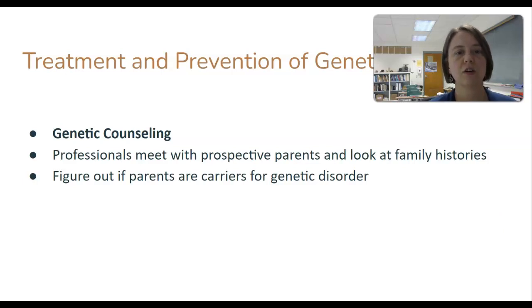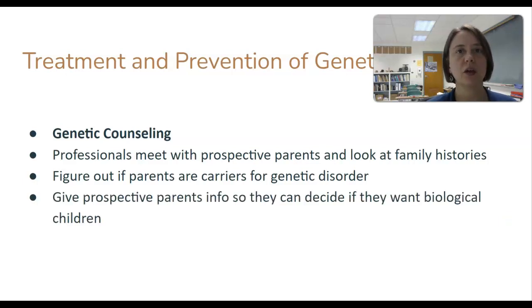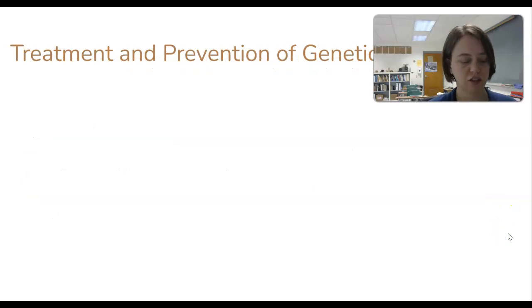They figure out if a parent is a carrier for certain genetic disorders and the likelihood that they will pass that genetic disorder on to their children. It gives the prospective parents information so that they can make up their own minds if they want to have biological children or not, or adopt children. It helps them make decisions.